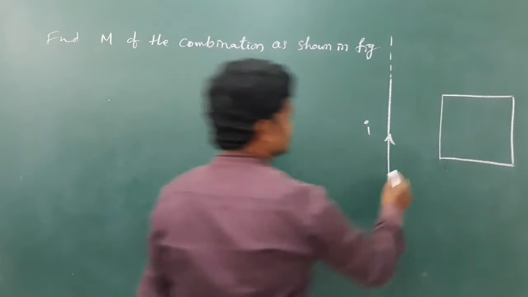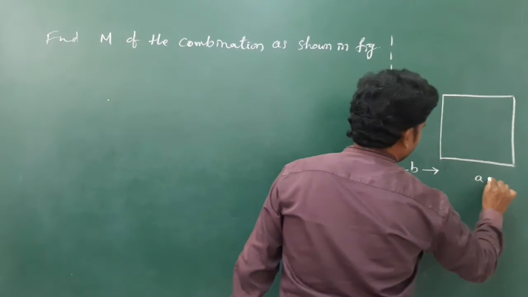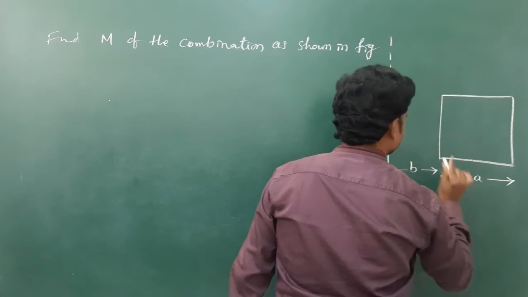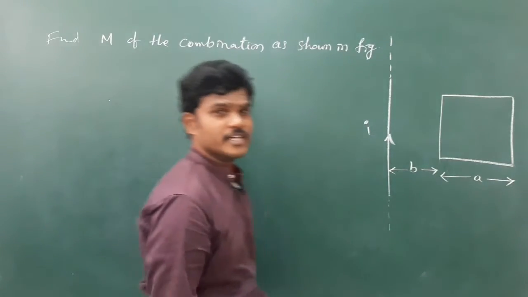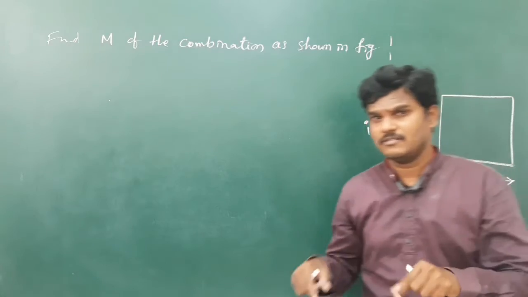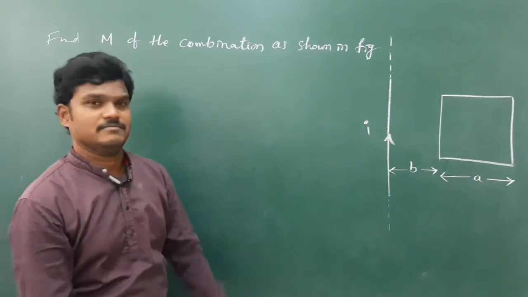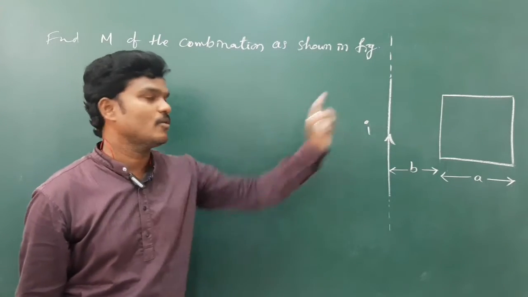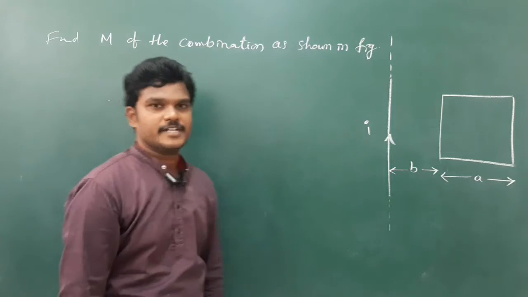This distance is B, and this side is A. In the last class, you learned the mutual inductance between two circular coils, a circular coil with a square, and a circular coil with a triangular coil. Here they have given one straight wire, and the other one is a square coil.